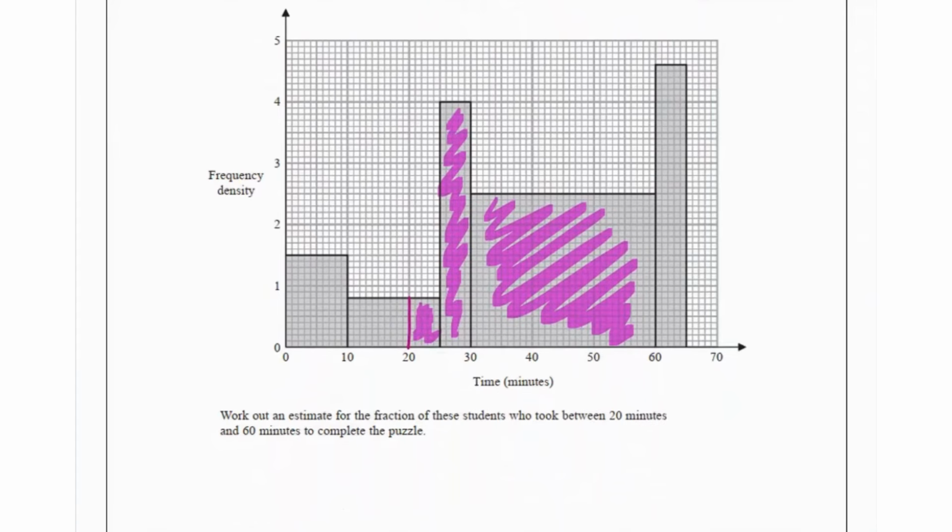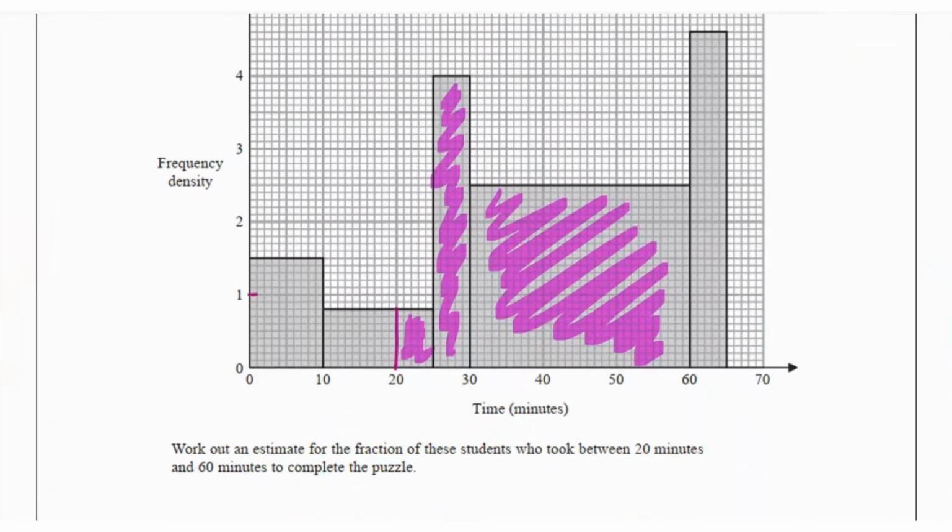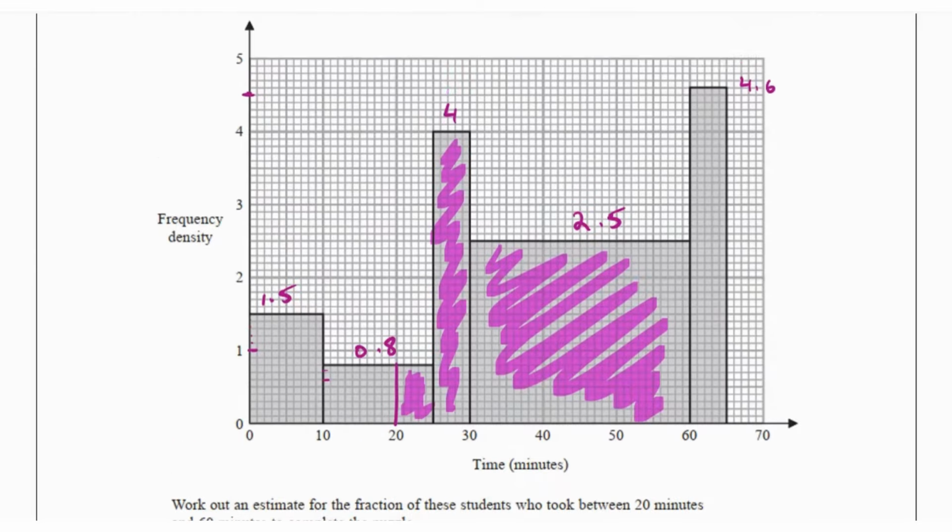So frequency density over here is, this is 1, so 1, 2, 3, 4, 5. 1.5. This is 0.5, so 6, 7, 8. 0.8. This is 4. This is 2.5. And this one is, this is 4.5. So that's going to be 4.6. Yeah. So now let's find the frequency for each.